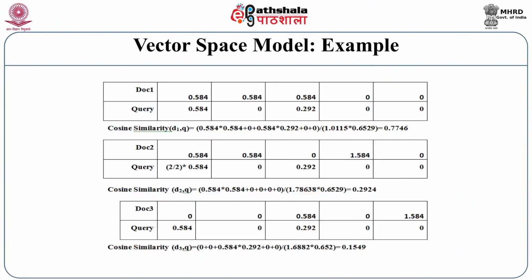After getting the cosine similarity values, we can grade them according to the value of cos theta. The cosine value is the highest for document D1, next is document D2, and next is document D3. So we can understand that from this scheme we get a partial matching, or partial ranking, system for the documents in accordance with their relevance to the query.